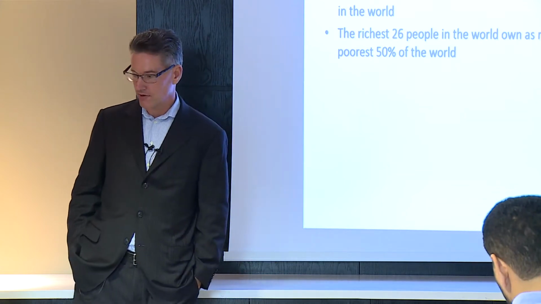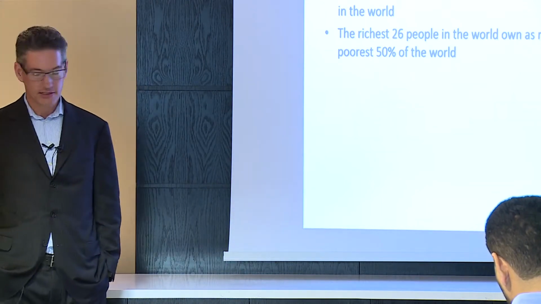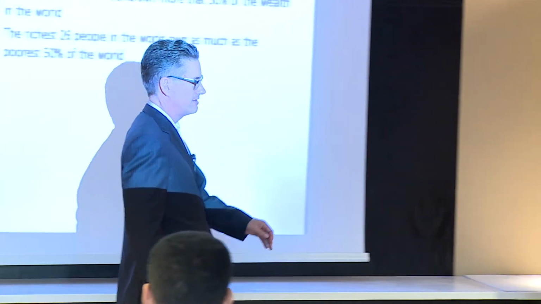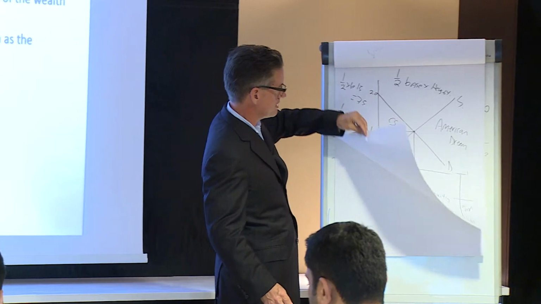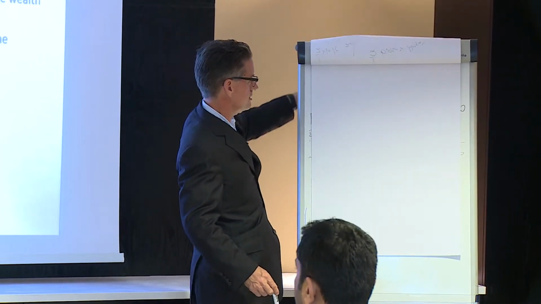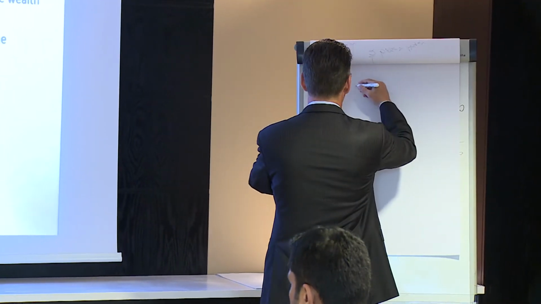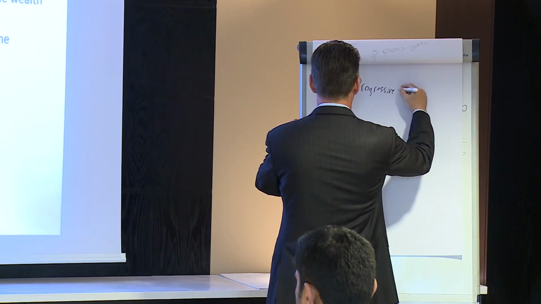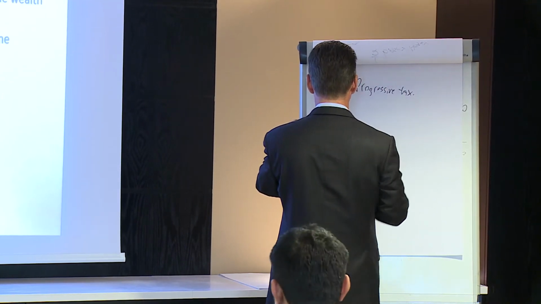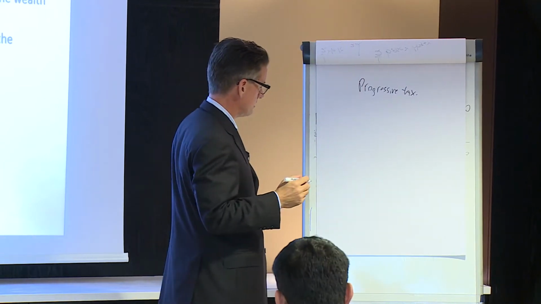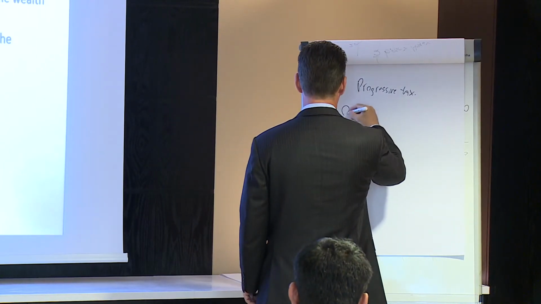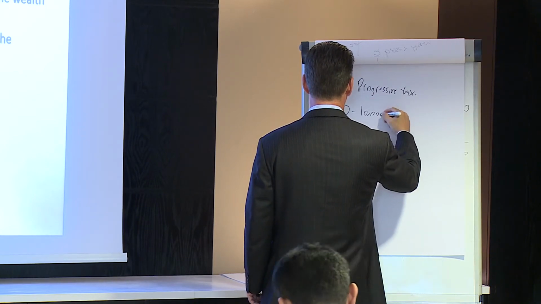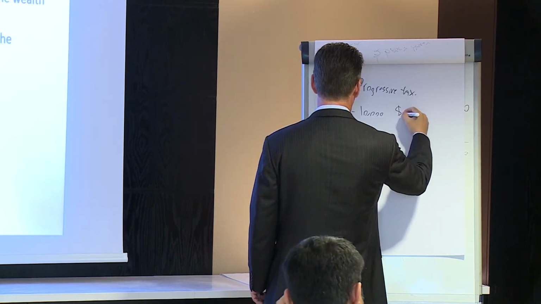Now, this is one of the reasons taxes are progressive. I know there's no income tax here, but in general in the US, we have a progressive tax system. I don't know the exact tax table, but it works something like this. From $0 to $10,000, your tax is going to be 0.